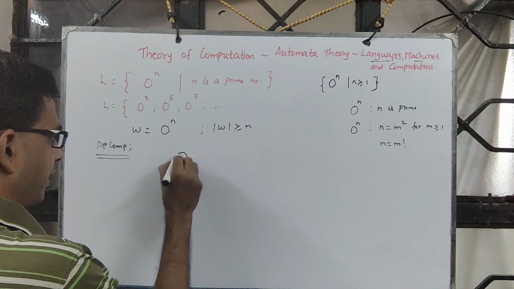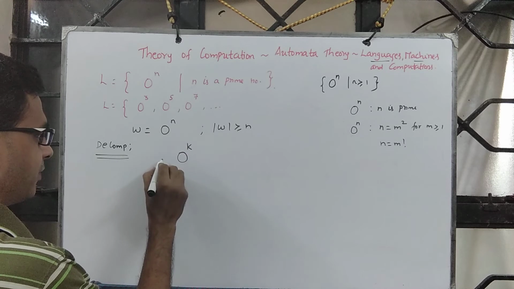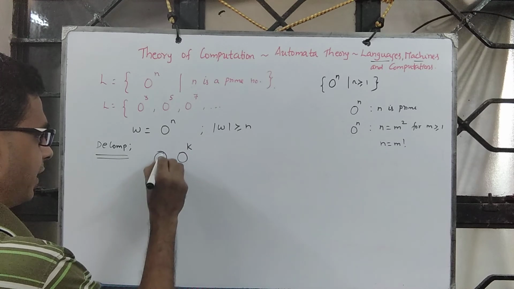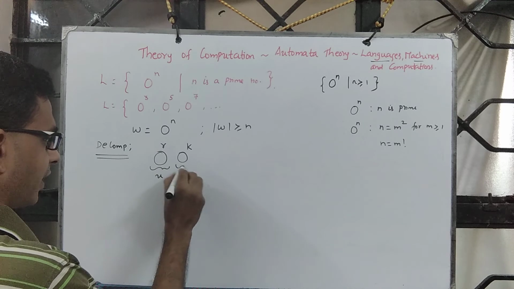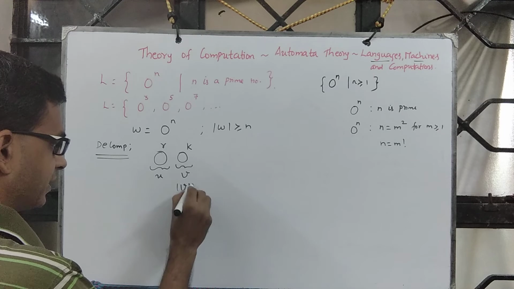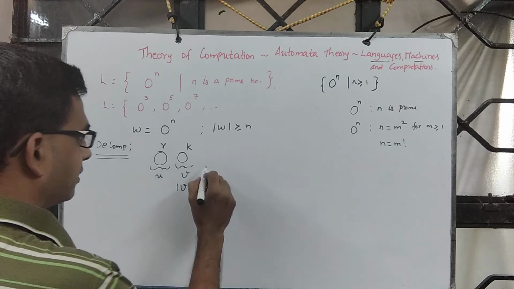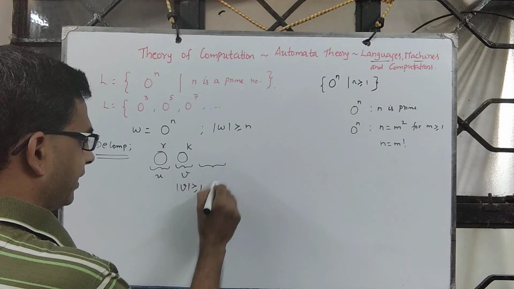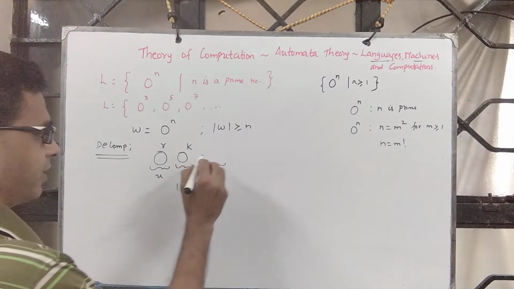So let me say v is some number of zeros and u is some number of zeros. So this is my u and this is my v, and v alone we know it is at least 1. U may exist or may not exist, followed by z, and z also may exist or may not exist.